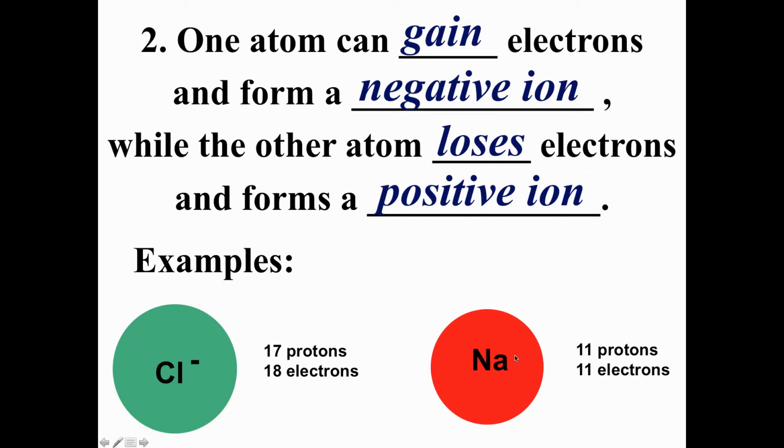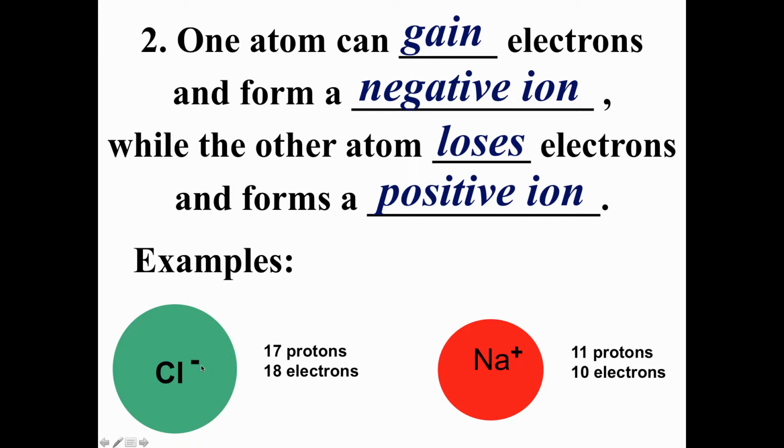On the other side of things, we can have a sodium atom that starts with 11 protons and 11 electrons, and it turns out that it likes to lose an electron, and when it loses an electron, it's now down to 10 electrons. It has one less negative charge, or if you prefer, now it has one more positive charge, and so that will be a sodium ion with an overall +1 charge.